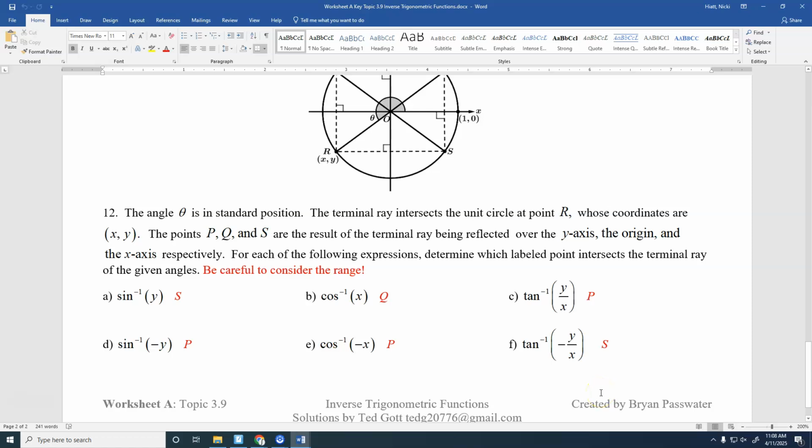D is P, E is P, and F is S. And you probably had more than one answer for some of those because I forgot to restrict. But the one that's not really the answer is not in the quadrant. Really, R should never be an answer because it's in the third quadrant. None of those answers ever come from the third quadrant. Okay.